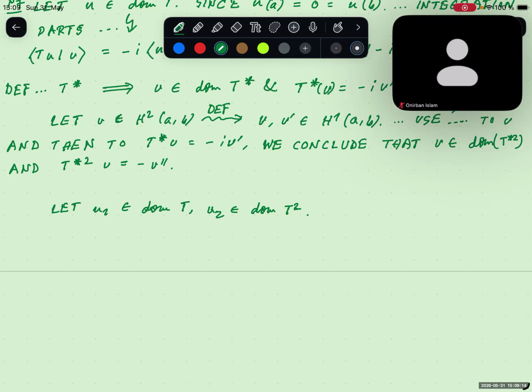So remember the boundary values of these functions.